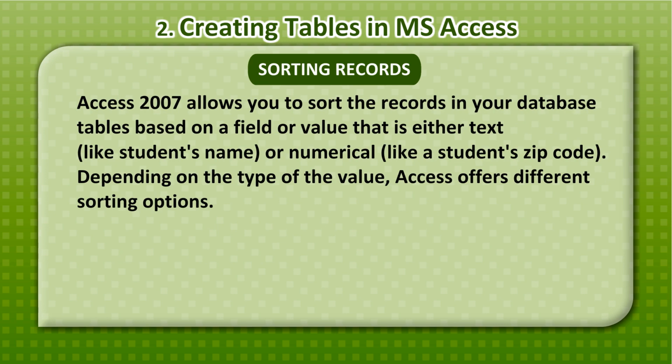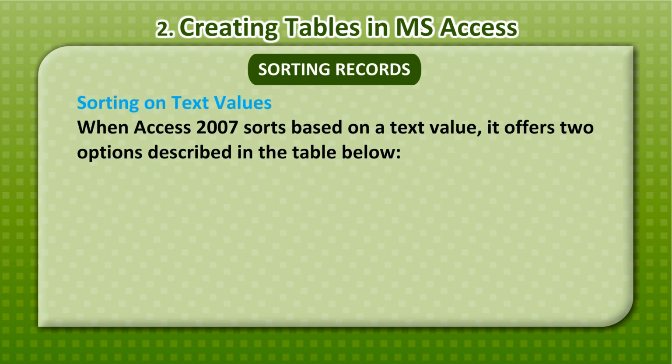Access 2007 allows you to sort the records in your database tables based on a field or value that is either text, like a student's name, or numerical, like a student's zip code, depending on the type of the value. Access offers different sorting options. Sorting on text value.